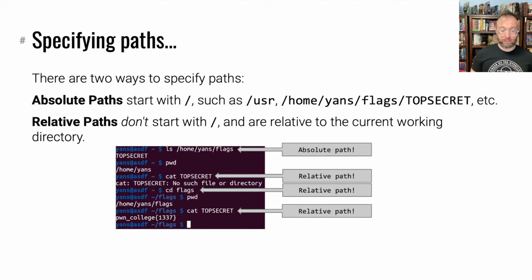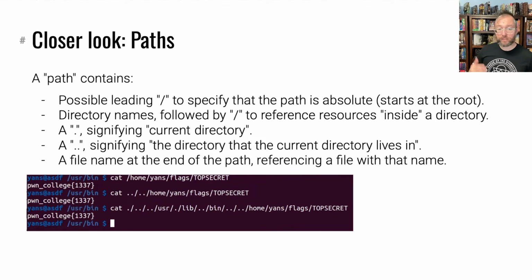Cool. All right. Let's take a closer look at the path, right? So again, leading forward slash, different directory names joined together by forward slashes, usually a file name, or it could be a directory name if you're referring to the directory. cd just takes a directory. Other things that can go in the path.